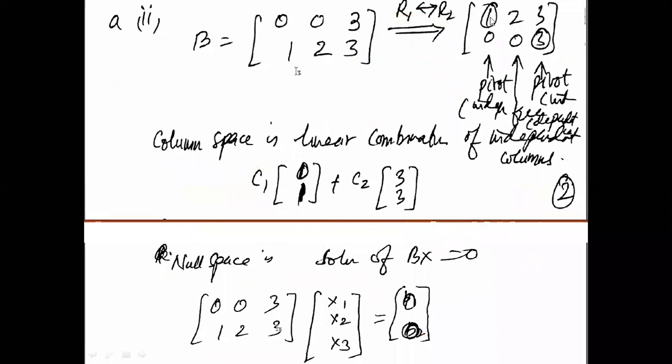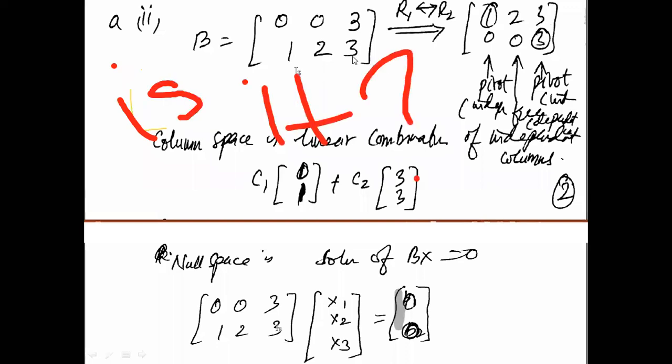So the first column here, 1 comma 0, corresponds to the first column here. So C1 into 0 comma 1, plus C2, this column here, right? And the original column is 3 and 3. So plus C2, 3 and 3. Right?